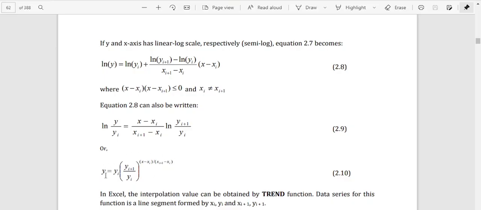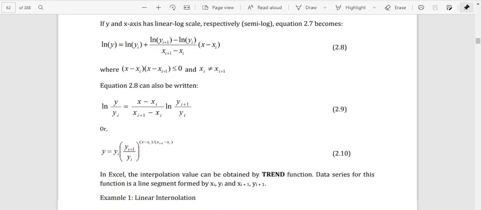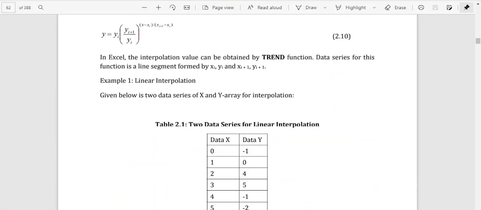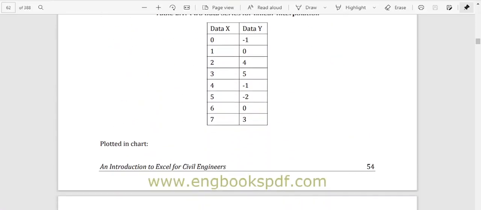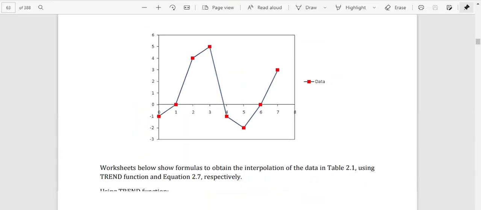This is the formula we're going to use now to interpolate, to get our D10, D30, and D60, as the case may be.